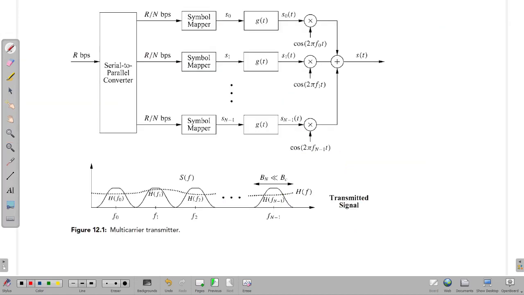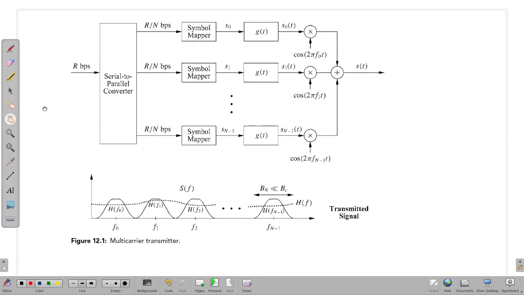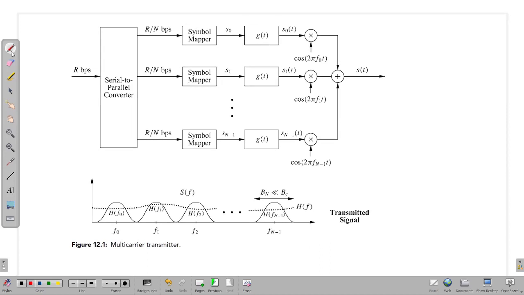Now let me show you the diagram of a multi-carrier transmitter. This is taken from the textbook of Andrea Goldsmith, a professor at Stanford University. The name of the textbook is Wireless Communications. Here you can see the transmitter side of multi-carrier communication.